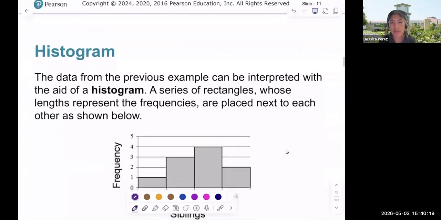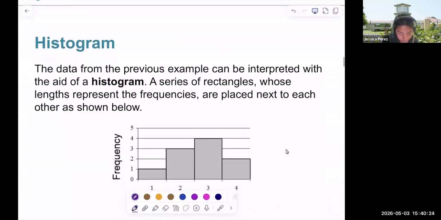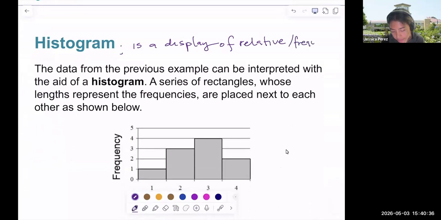Now, what about a histogram? So actually, the histogram is a representation or a display of your relative frequency, or frequency table. So basically, it's a display. The data from the previous example can be displayed as a histogram, a series of rectangles whose length represents the frequency.